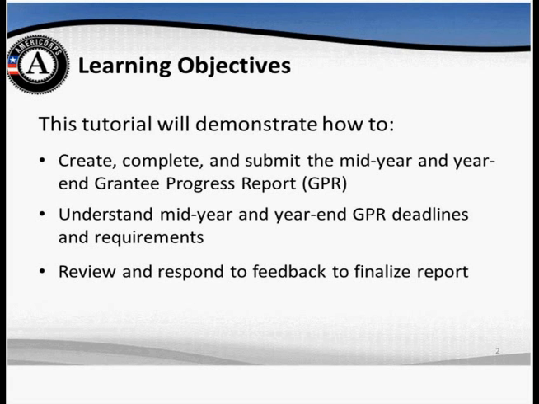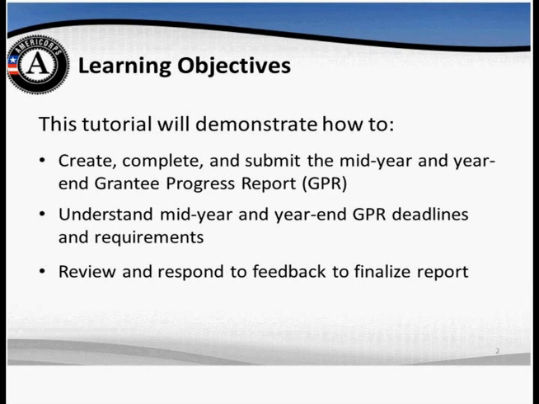Any state subgrantee or national grantee that applied as a new or recompete in 2013 used new screens. Any subs or national grantees that were continuations in 2013 used old screens. The old mid-year and old end-of-year will look exactly like the old GPRs that you have completed in previous years. This tutorial covers the new mid-year and the new end-of-year.